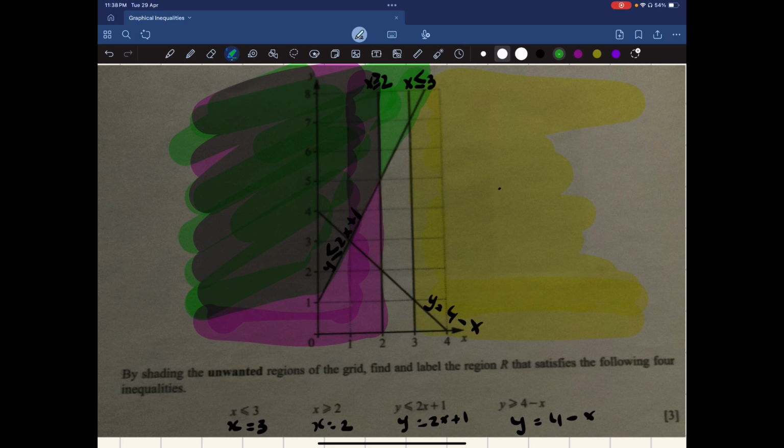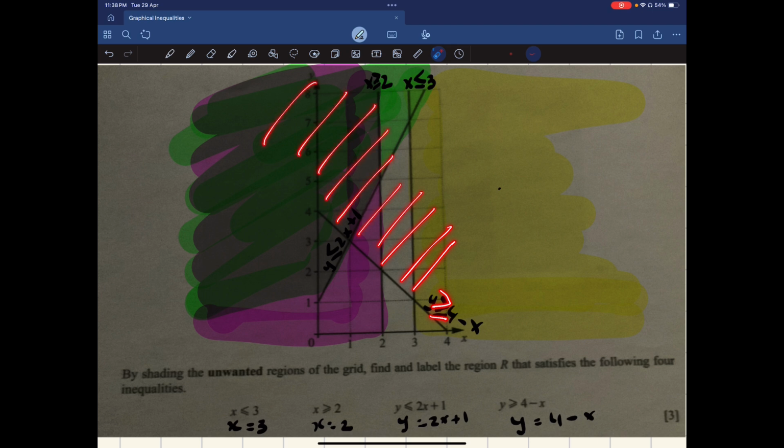The final line. y is greater than or equal to 4 minus x. Since all the inequalities are inclusive, the lines are also solid for all four inequalities. Greater than means the region above the line is the one that we want, the required region.